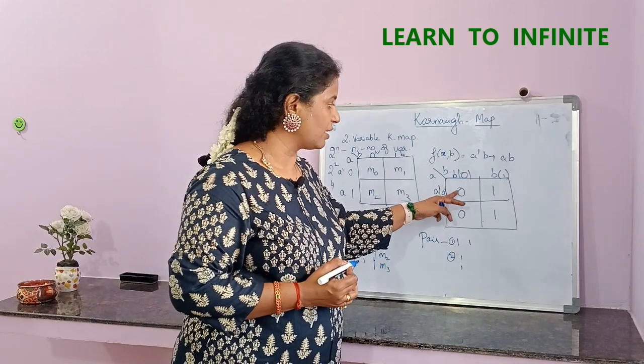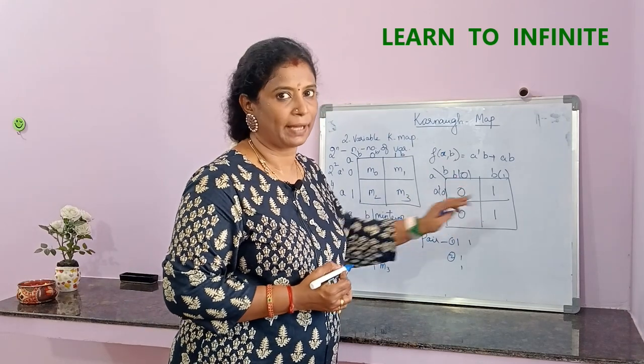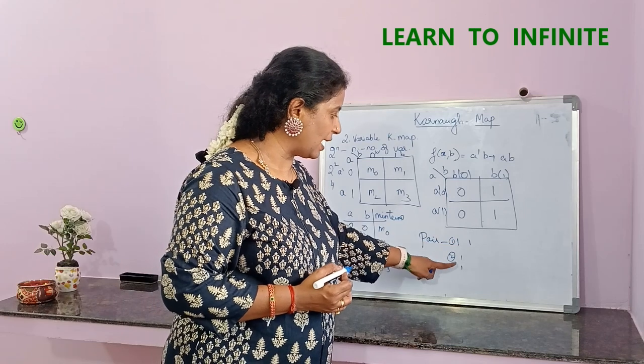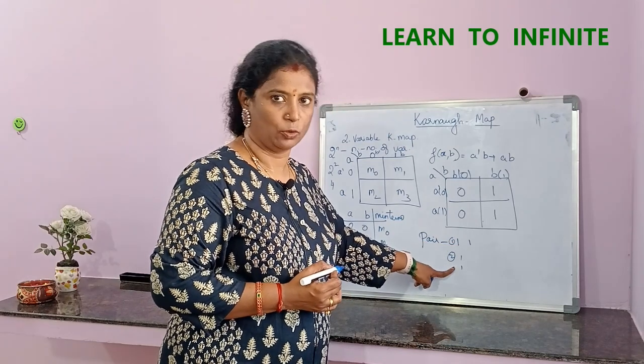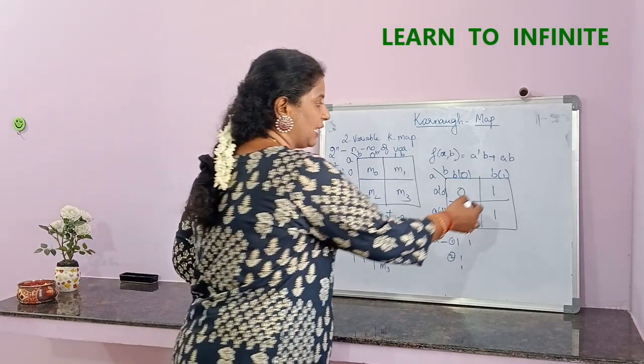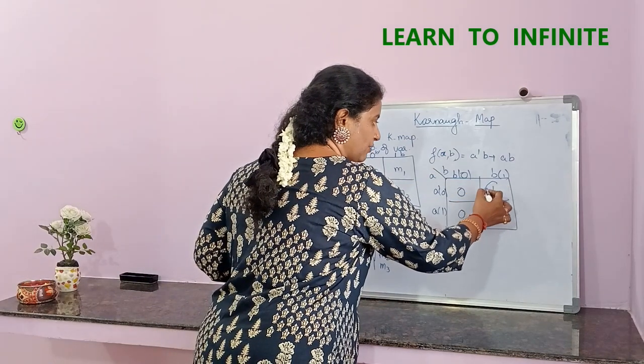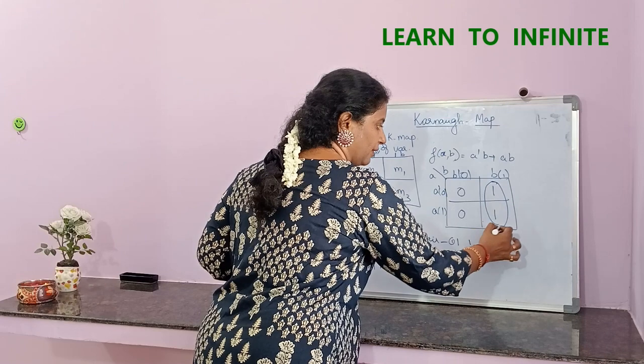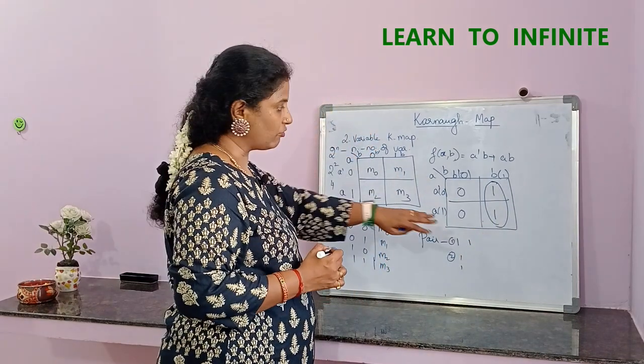For example, here there is one and here there is one, you cannot form a pair. So only horizontal and vertical ones are allowed. Here you can see there is a pair because vertically there are adjacent ones. Can you understand? So this forms a pair.